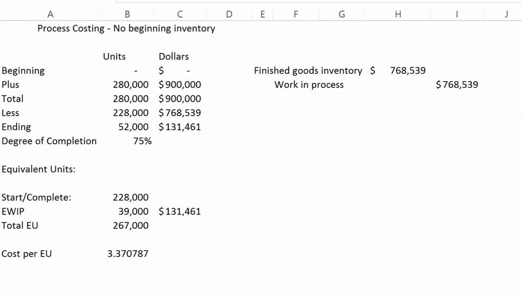The final step is to determine the per unit cost of inventory that's been transferred out, or finished goods inventory. So in this case, we're going to take the total cost and divide it by units, and that gives us $3.37. You'll notice that this is the same as the cost per equivalent unit below, and this holds true for right now and for the weighted average method.